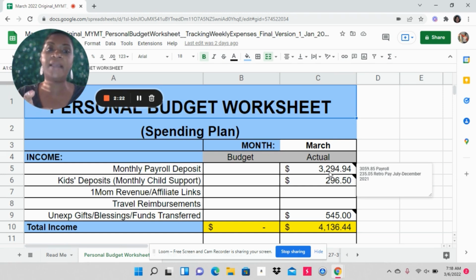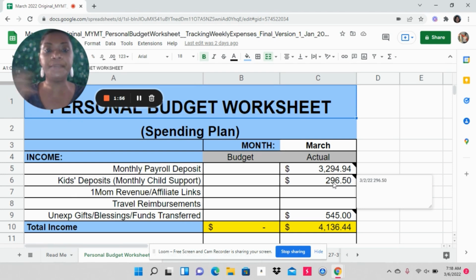When the budget got passed, there were quite a few bonuses for teachers, and they spread it out over a 3-month period. We got something in December, something in January, and this was the last amount of bonus we got in February. Now, my paycheck went up about $65, so that's why my payroll deposit is a little bit more.